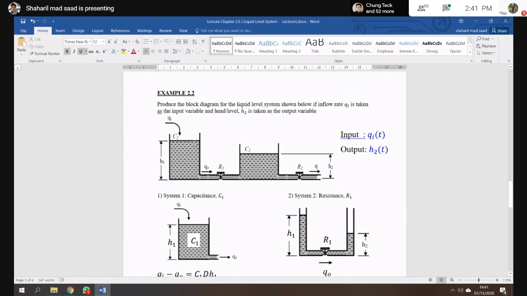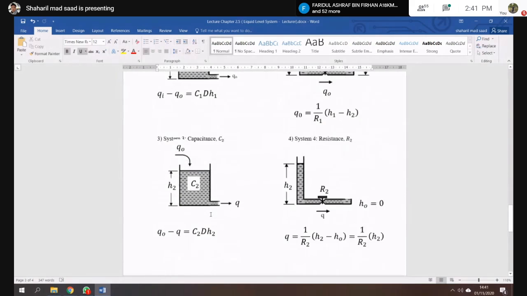So right now you will have the input going to the capacitance first, and then after that we go to the resistance, done, and then after that we go to the capacitance, done, and then after that we go to the resistance number 2. Okay, so the solution is here.